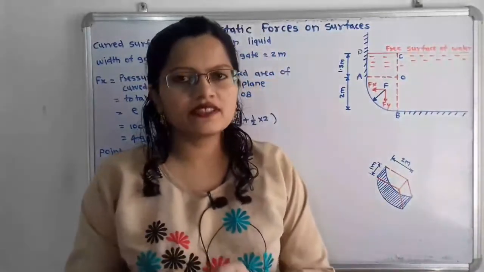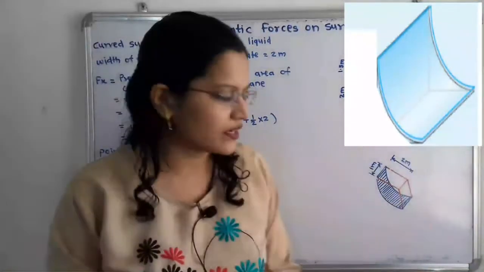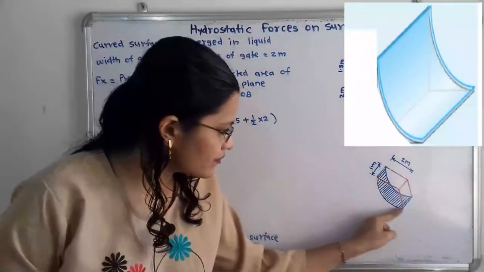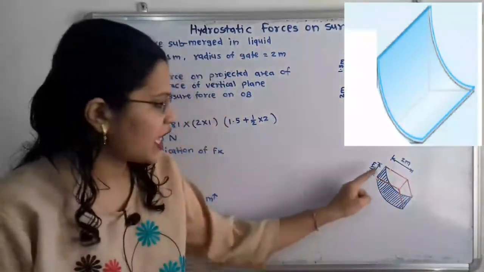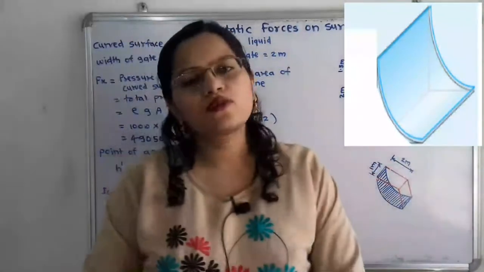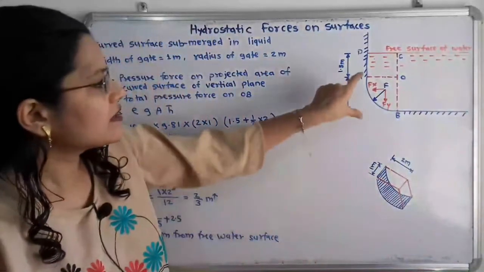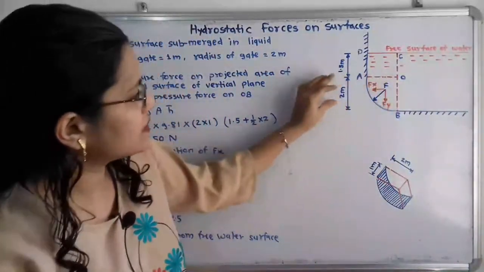Now this surface is the curved surface, so I have shown here this three-dimensional figure. Here is the curved surface, the solid surface I have shown with this meshing. Now we have to make one construction. The radius of this curved surface is 2 meters.